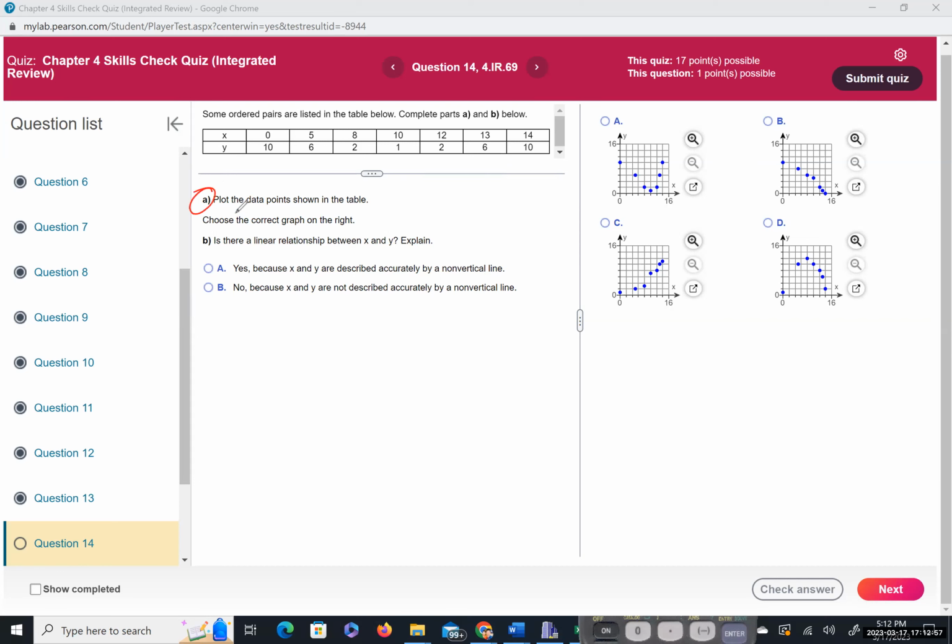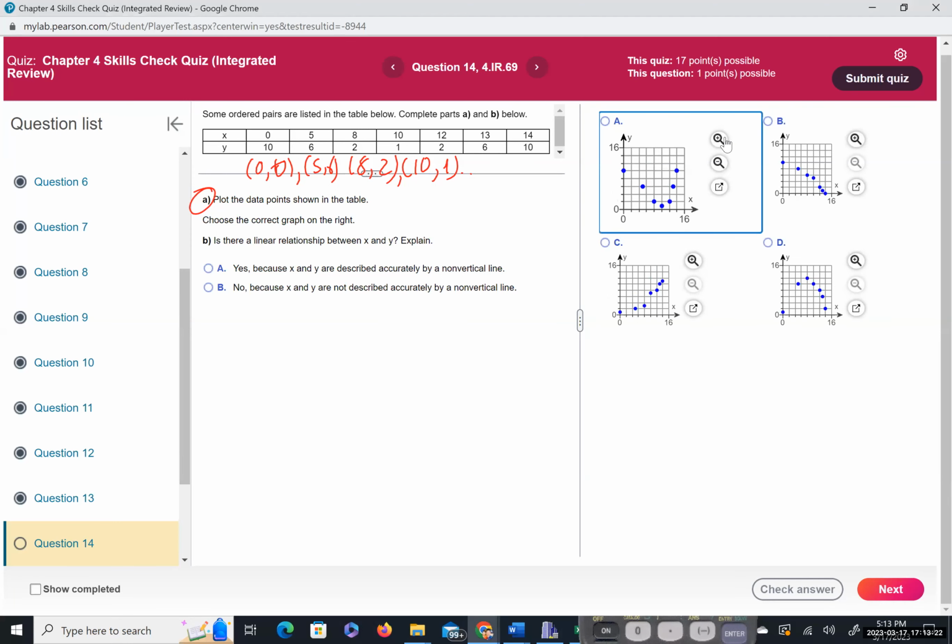Okay, so let's do A first. We have some points such as 0, 10, right? We have also 5, 6 here. We have 8, 2, right? We have 10, 1, and so on. Let's take a look at the first one, 0, 10.